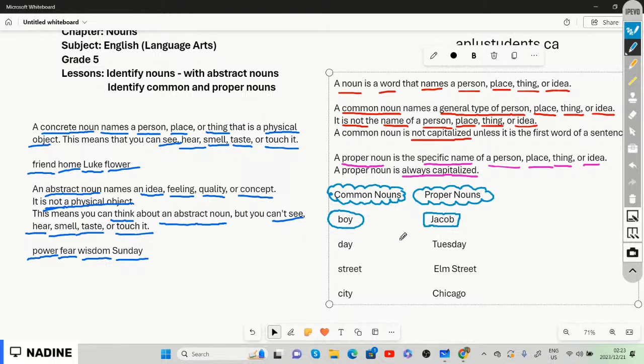So when it comes to common noun, if we are saying that we're going to meet to do the school project in the week, right? If you just say we're going to go that day, that day means it can be any day because there are basically 7 days in a week.